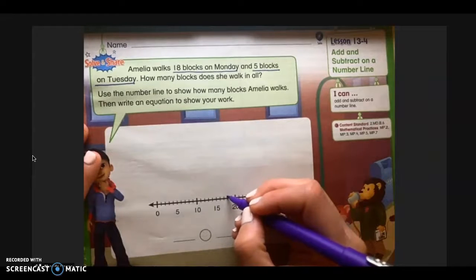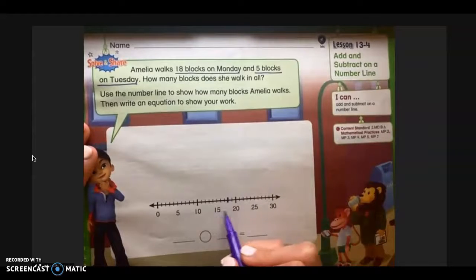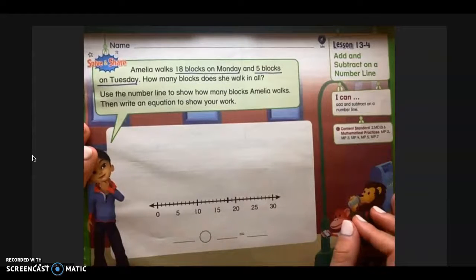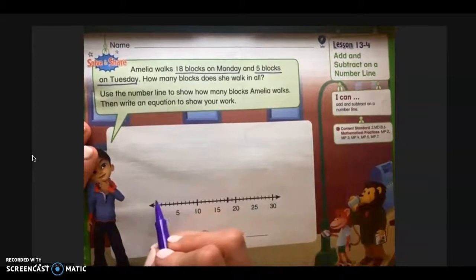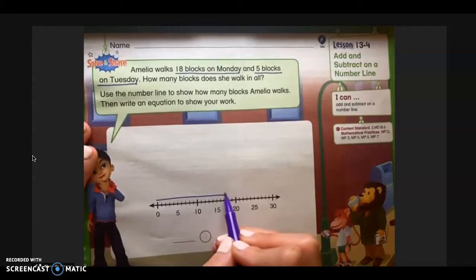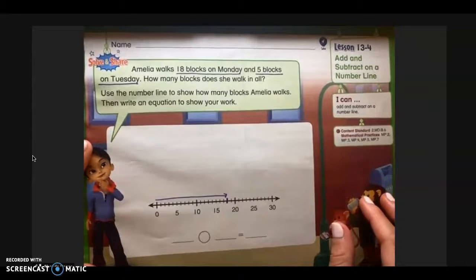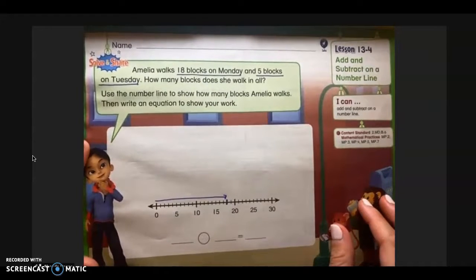So 18 is right here. It's in the middle of 15 and 20. Okay, so I can mark or draw a line up to 18. And that's how many blocks she walked on Monday.